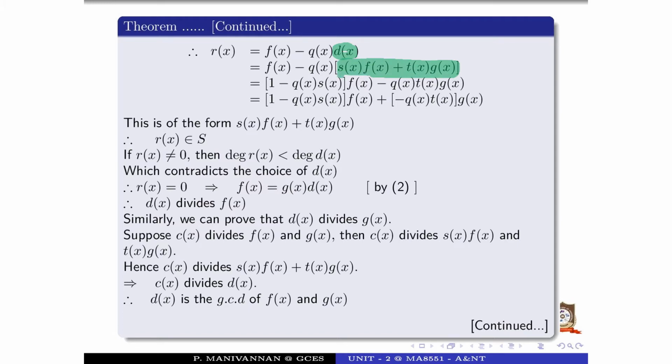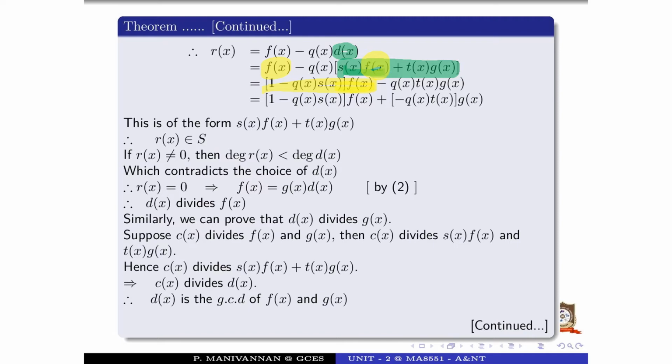This is the first assumption we assume. Multiplying this q of x inside, we get this term. It is f of x, it is also f of x. Take this 1 minus q of x into s of x into f of x, plus minus q of x into t of x into g of x.